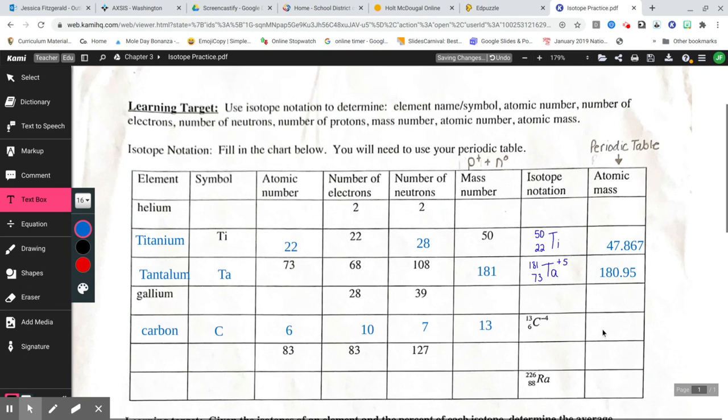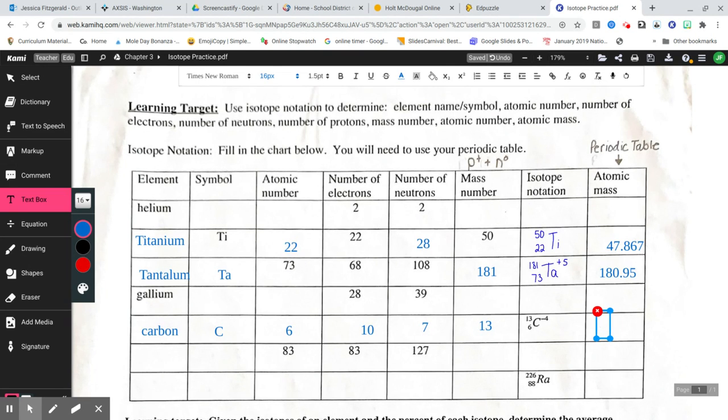And the atomic mass is going to be the number that appears on the periodic table, which is 12.011. So this element we're looking at is an isotope. We call this carbon-13. Carbon-12 is the one that appears on the periodic table.